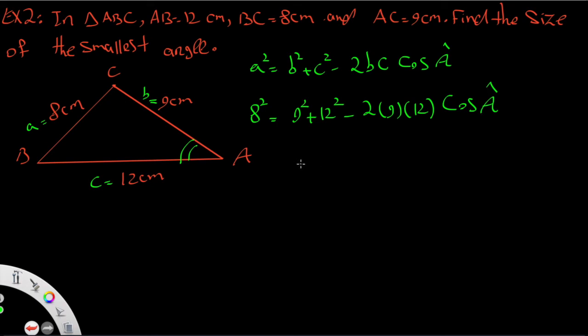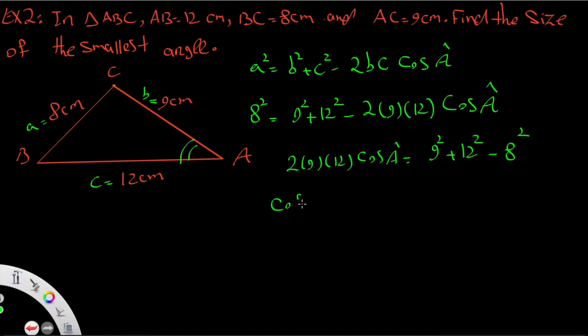Now, I transfer this to the other side, so it will be 2 times 9 times 12 cosine of angle A is equal to 9 squared plus 12 squared minus 8 squared.